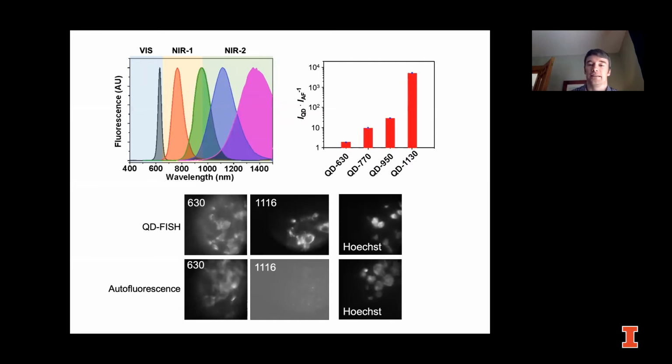And so you can see this is actually a progressive increase in improvement going from the visible spectrum on the top right that's shown here in this bar graph, from 630 nanometers, which is visible in the red, to 770 and 950, which is the near infrared 1, and this really, really big boost when you get out to the shortwave infrared 2, where you've increased your signal to noise ratio by more than 2 orders of magnitude and sometimes up to 3 orders of magnitude.